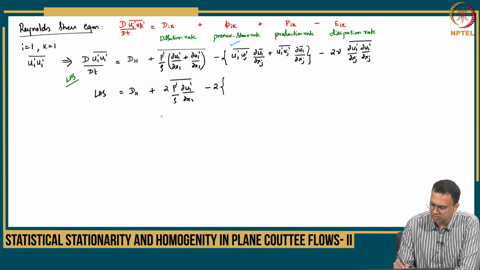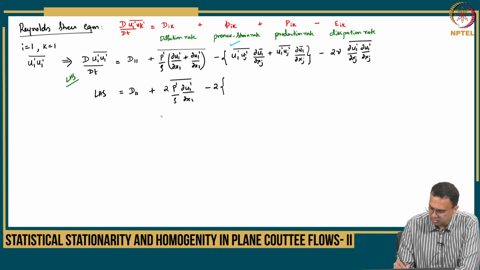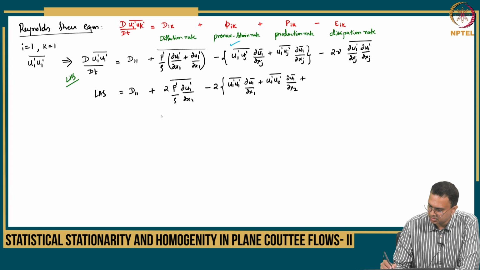Let me expand it, so you will get 3 different terms. j is a repeated index, so I need to sum it up, Einstein summation. So I will get u1 prime, j equal to 1 now, dou u1 bar by dou x1, plus j equal to 2, so it is u1 prime u2 prime dou u1 bar by dou x2, plus j equal to 3, which is u1 prime u3 prime dou u1 bar by dou x3.